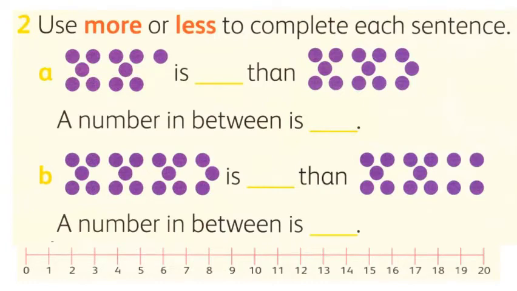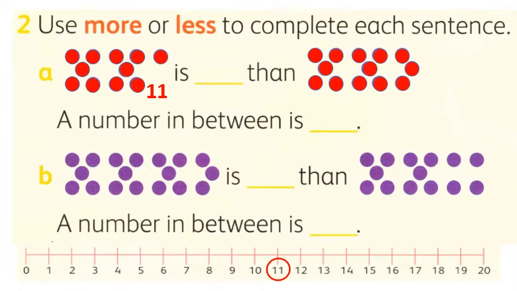Use more or less to complete each sentence. A. Let's count in fives. 5, 10, 11. On our number line, 11 goes down here. Is 11 more or less than 5, 10, 11, 12, 13?